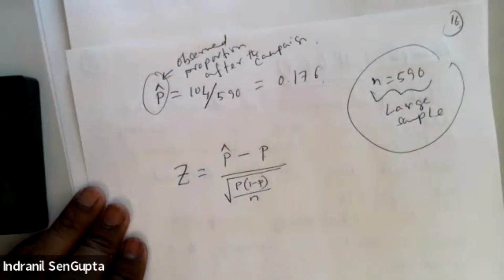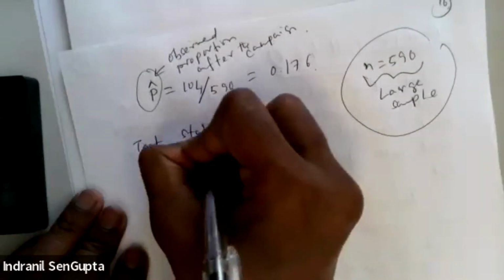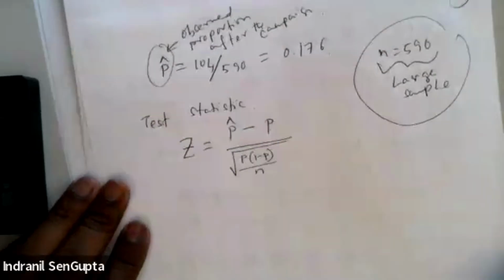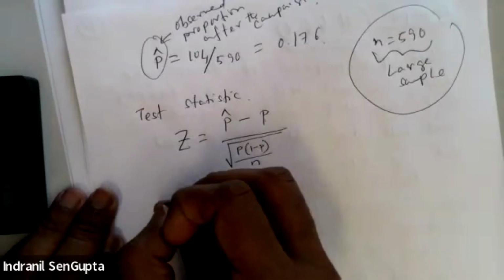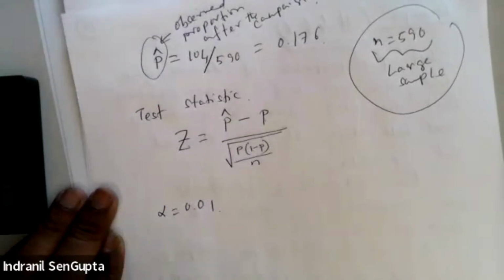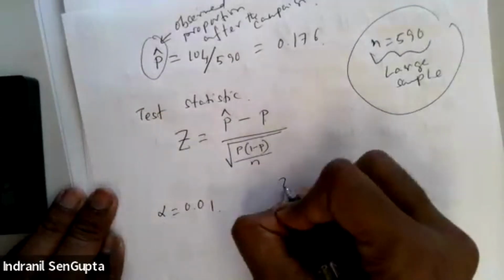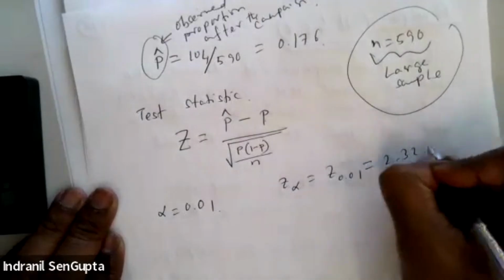So that is the test statistic. And the alpha level is given to be 0.01, and correspondingly, Z alpha is Z of 0.01, which is 2.326.